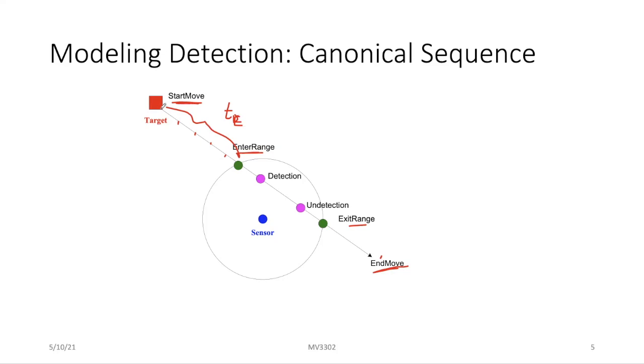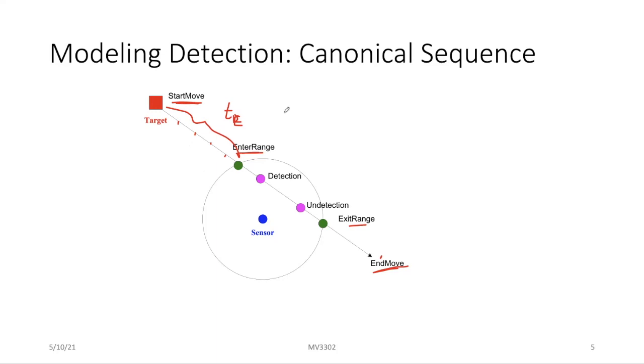How long does it take between when it starts moving and when it enters the range? And as we saw when we used the equation of motion in our numerical example, if I can figure out when it enters the range, then that, together with the equation of motion, can tell me exactly where it is. Okay, so that's really the first problem on our plate. So can we solve this?